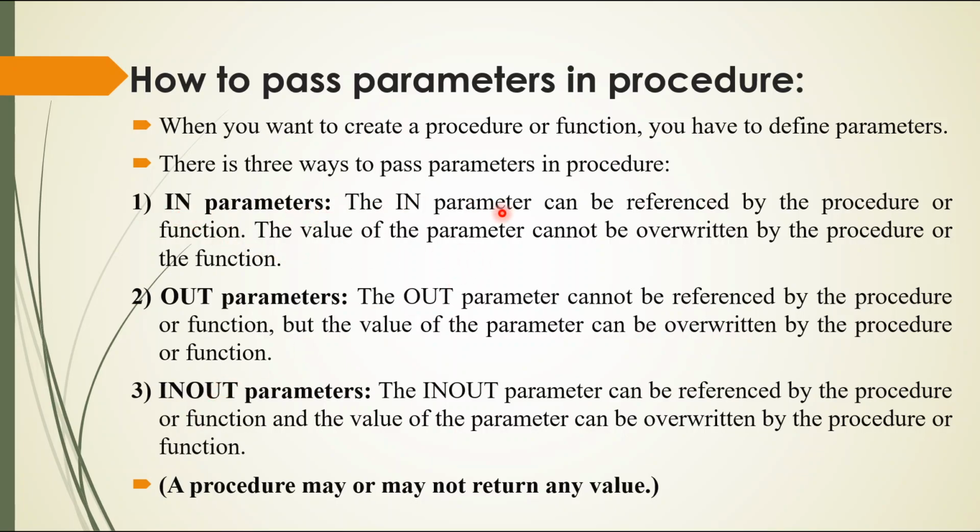And in IN OUT parameters, the parameters can be referenced by the procedure or function, and the value of the parameters can also be overwritten by the procedure or function. Here both are possible. So these three are the ways to pass the parameter: IN parameters, OUT parameters and IN OUT parameters.